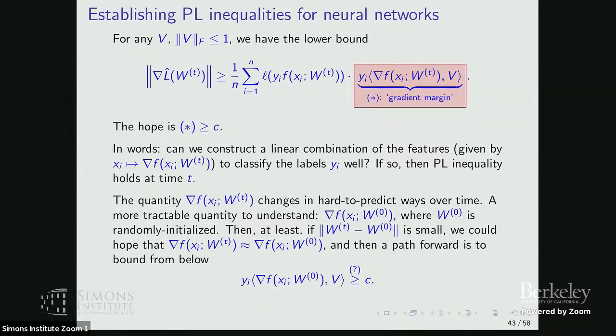This seems like a perhaps more tractable path forward: to look at what's happening at initialization and then argue about staying close to initialization. And that's what we'll be talking about next, looking at what's happening at random initialization to talk about neural network optimization trajectories near its random initialization.